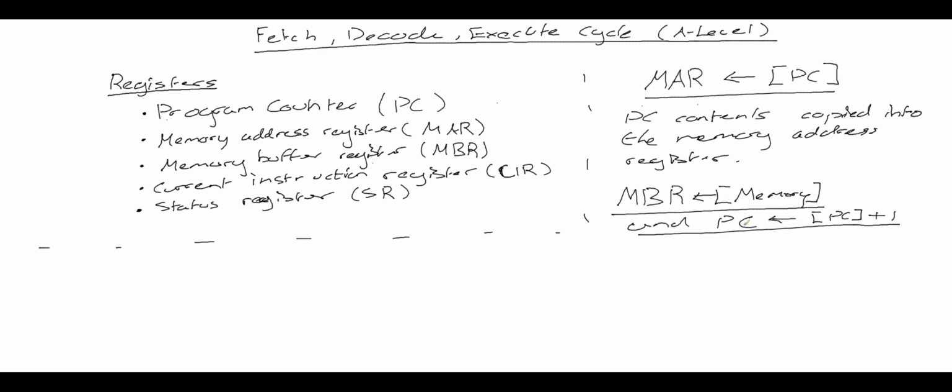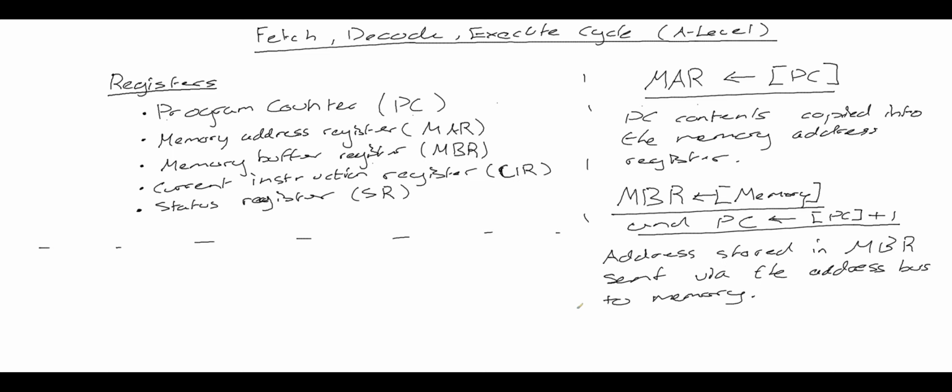The next stage is possibly the most complicated stage. What happens is that the address that we've got in the memory address register is sent from the memory address register along the address bus to memory. So that's the first part. Then what happens is that the instruction stored at that address in memory is sent back to the CPU via the data bus and is stored in the memory buffer register.